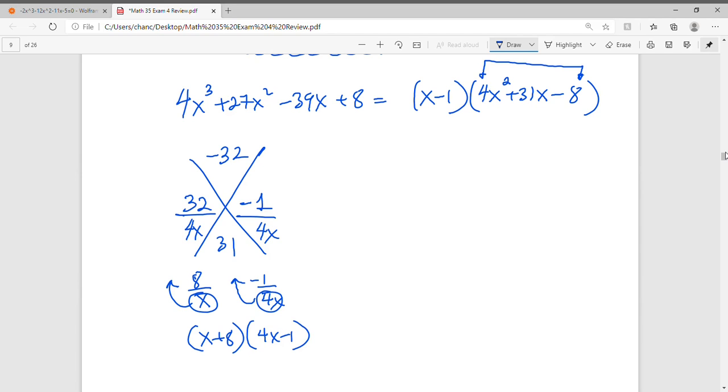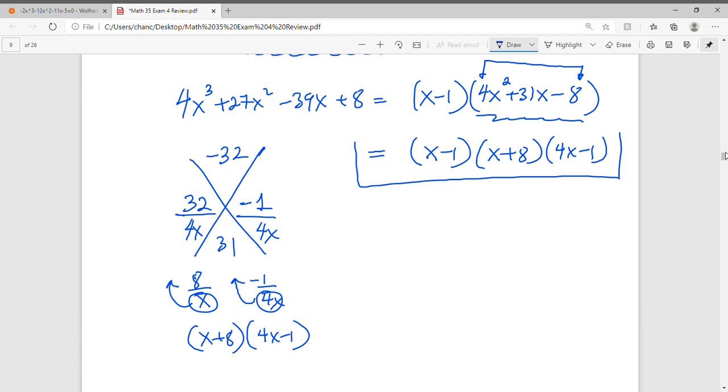You could use trial and error, you could split the middle, or you could use the bottoms up method here. Whatever you like. So this factors as x minus 1, and we just factored this here on the left as x plus 8 times 4x minus 1. This is our solution. This is the factored form of our original polynomial.